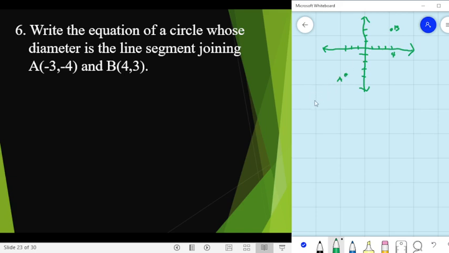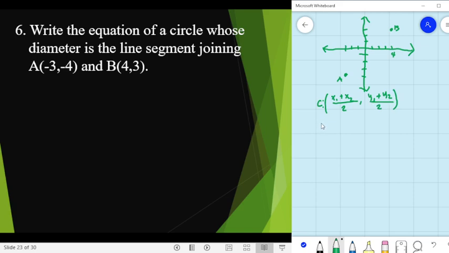The center can be found by getting the average of x sub 1 and x sub 2. You add x sub 1 and x sub 2 divided by 2, then y sub 1 plus y sub 2 divided by 2, to get the middle of x and the middle of y.